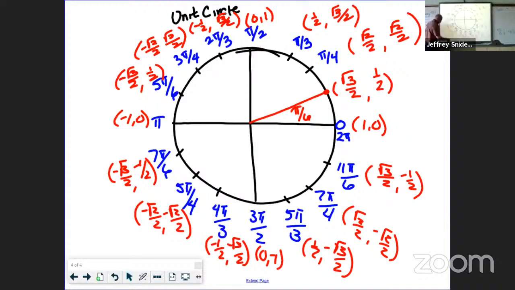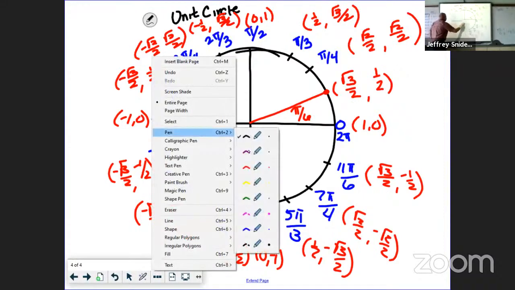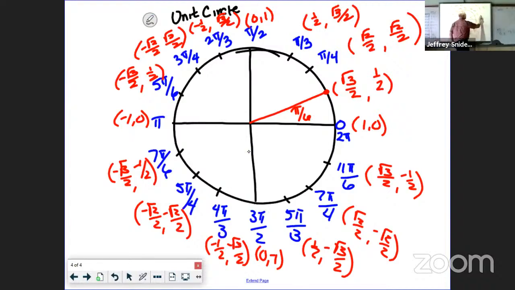I'm going to highlight something here. Actually, I'll circle it. So we got positive 1/2 here. We got a positive 1/2 here. I have a question for you. So right here, if I circled this, this is just saying that the sine of pi over 6 is 1/2. Right?